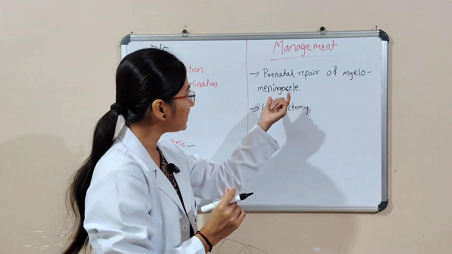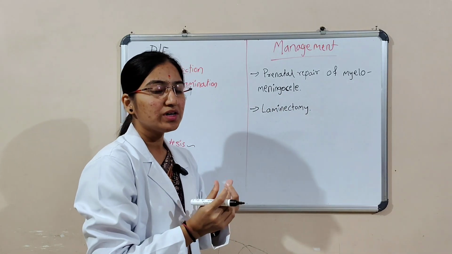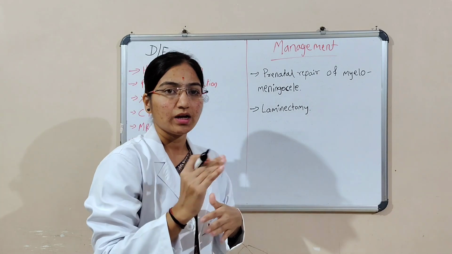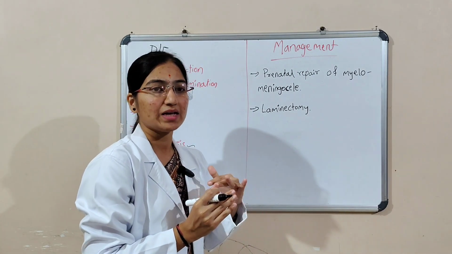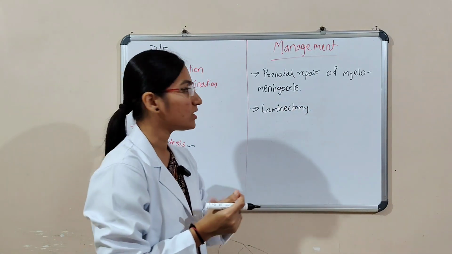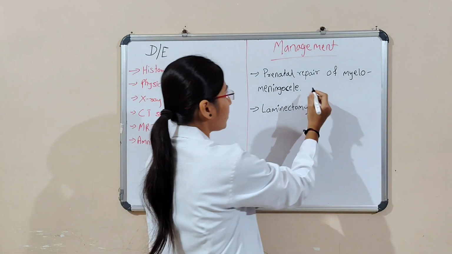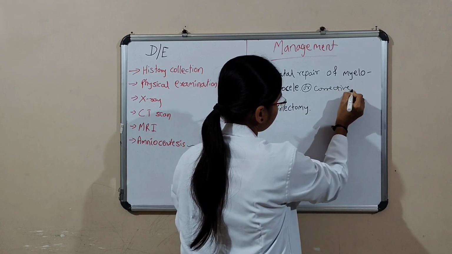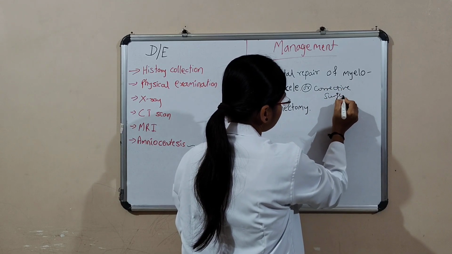It's a delicate procedure where the fetal surgeon opens the uterus and closes the opening between the fetal back, and that is prenatal repair of myelomeningocele, also called corrective surgery.